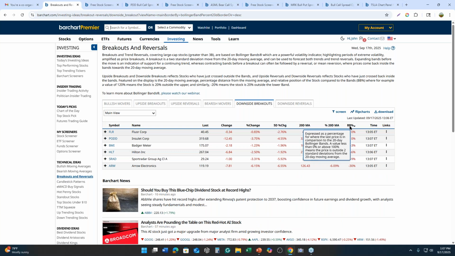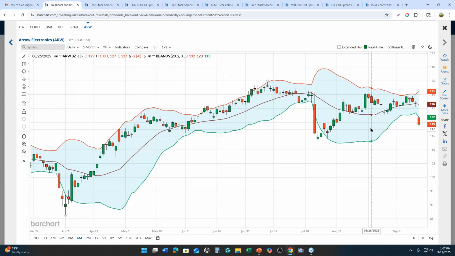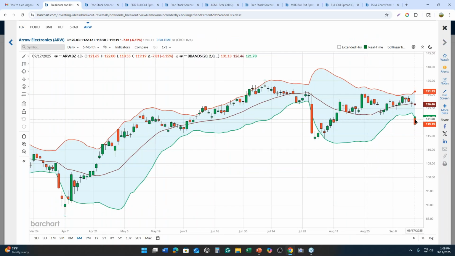So again, for our bearish movers here, we can see that we have some that are negative 3%, negative 30%, which means that it is below the lower band, and in this case by 30% of the Bollinger Band.